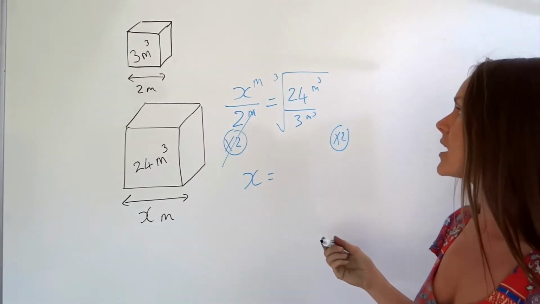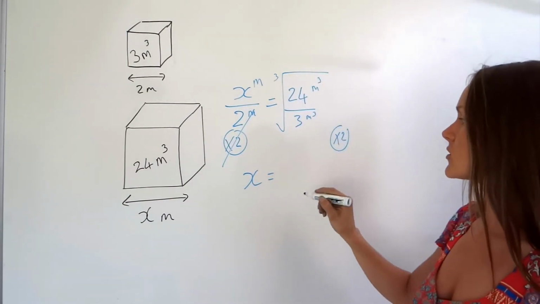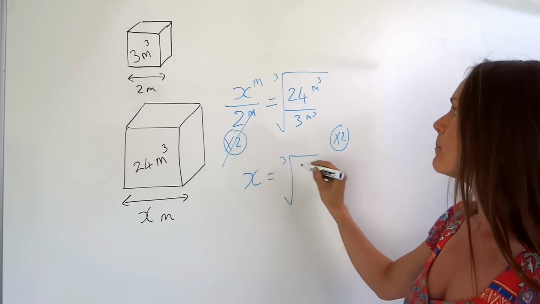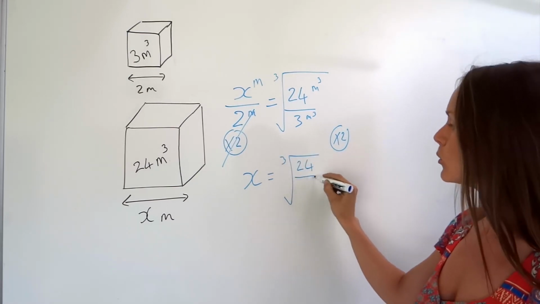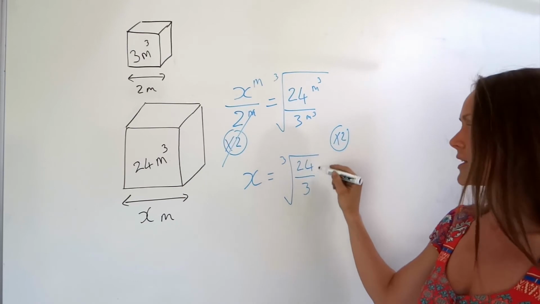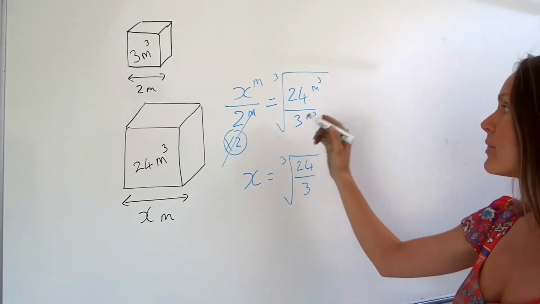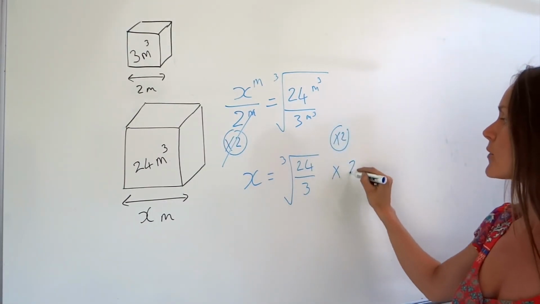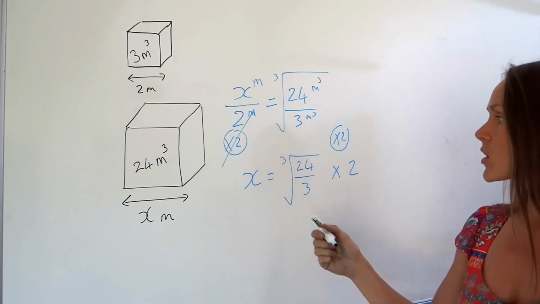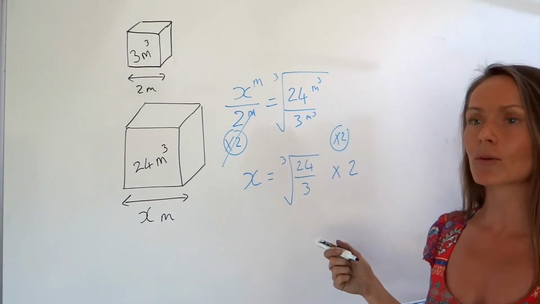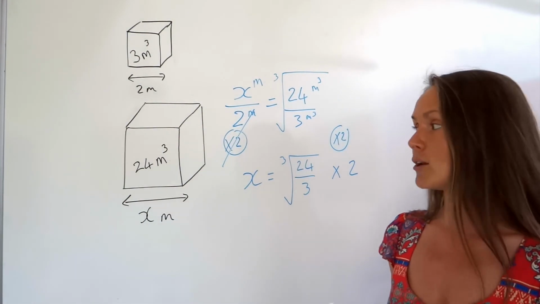And on the right-hand side, I need to cube root this answer, remember, so that big fraction. Make sure you cube root all of it and not just the numerator when you put it in your calculator, and then not forgetting you times all of that answer by 2. So you could just put that all in the calculator and that will work out the value of x.